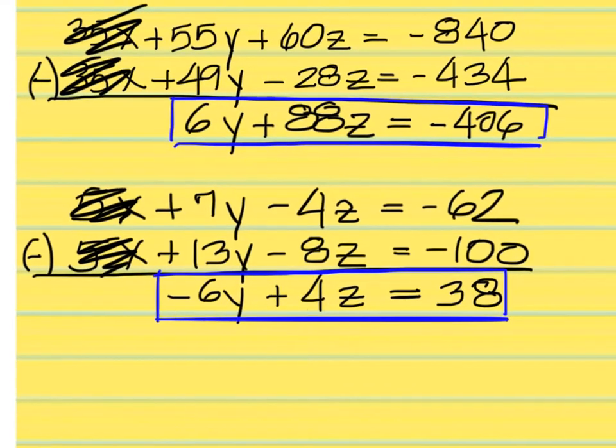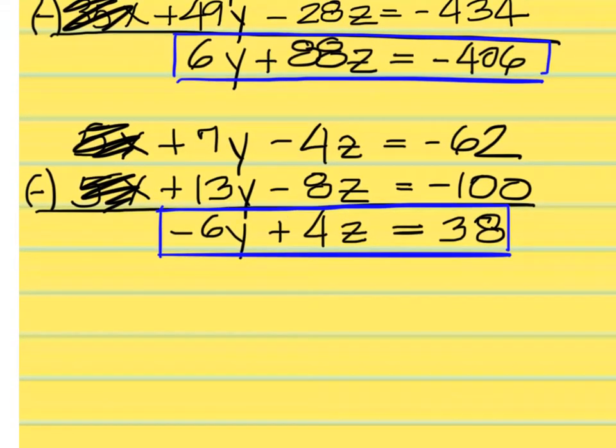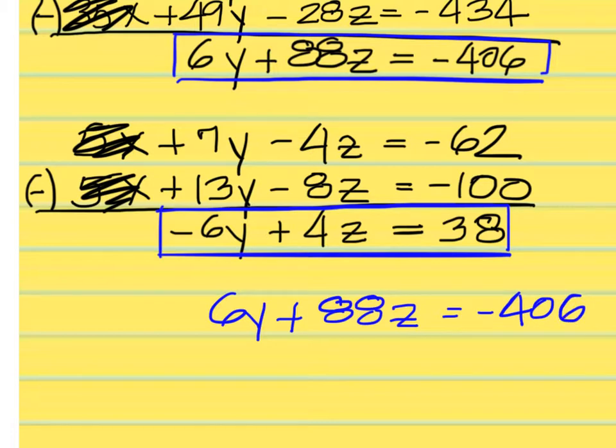So what you are going to do with those blue boxes is to make your own little system out of them. You have 6y plus 88z equals negative 406. And you have negative 6y plus 4z equals 38.